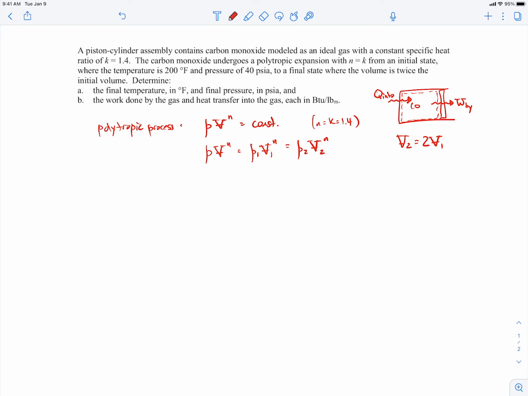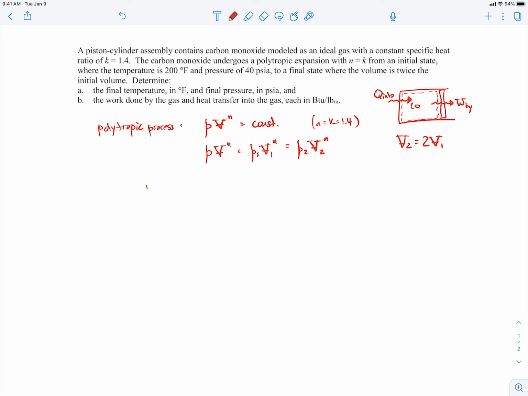Okay, so in order for me then to find what the volume is, I'm given what the initial pressure is and the initial temperature, but I don't know the initial volume. So the way I'm going to find that is from the ideal gas law. I'm told that the carbon monoxide behaves like an ideal gas given the pressure and the temperature.